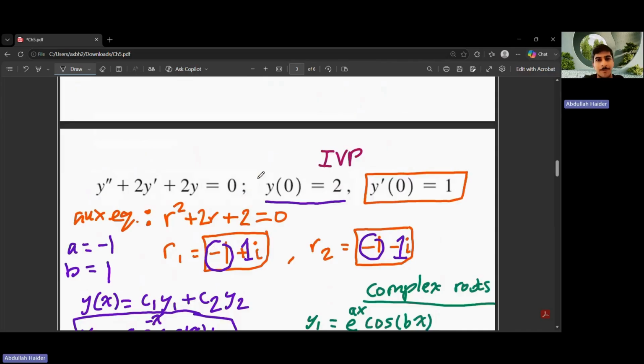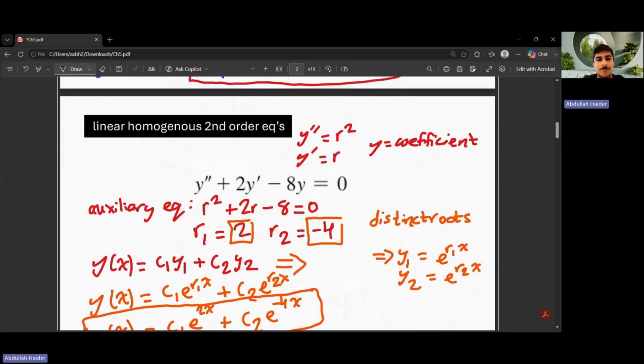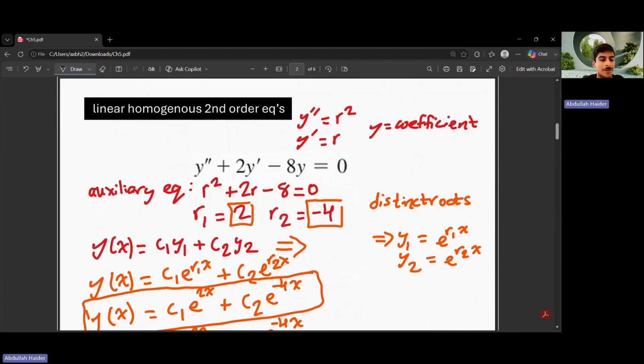Just to give a quick summary: first of all, you start with finding the auxiliary equation in terms of r, and whenever you get distinct roots, your y1 and y2 will have the same form, e power r1x and e power r2x. So just remember that it is C1 e power r1x plus C2 e power r2x.